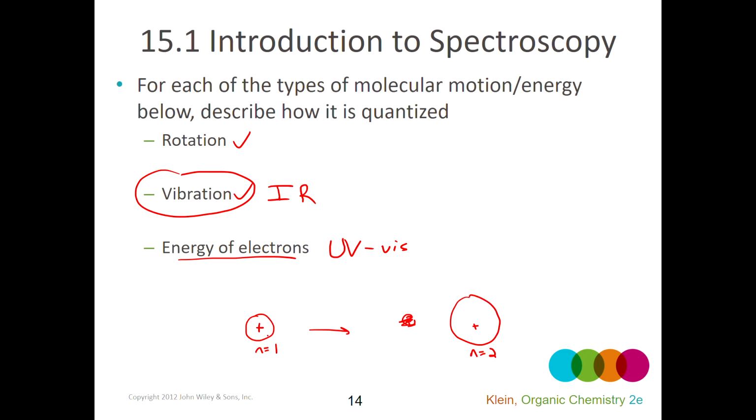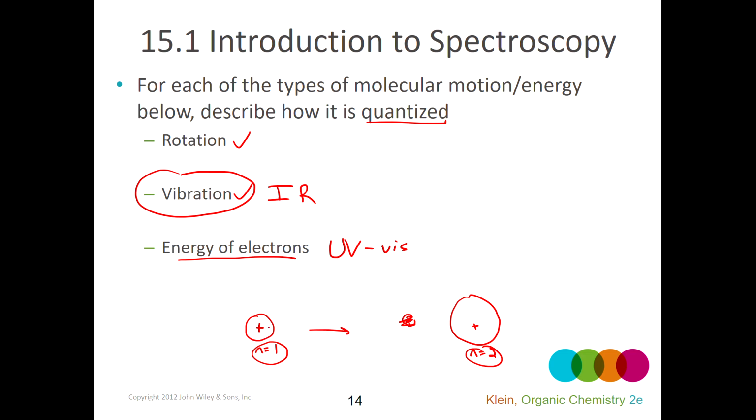Well, it has to absorb a certain amount of energy. It can't be anywhere between n equals 1 and n equals 2. There are only certain energy values available for the electrons, and when the electron moves from one energy level to another, there's a very specific quantity of energy associated with that. So that's what we mean by quantized.